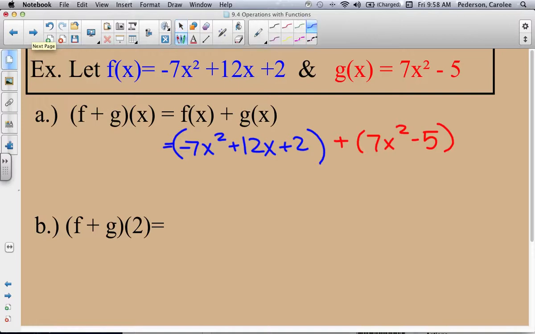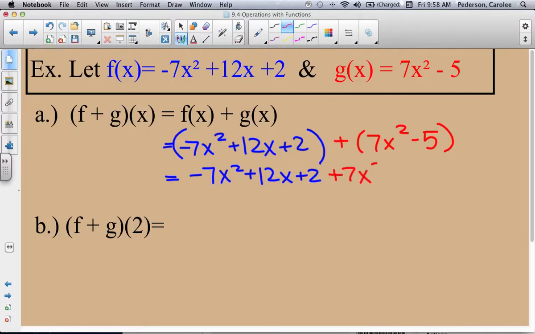Now, I'm going to go ahead and drop the parentheses, and then combine any like terms, making sure we have it in standard form.